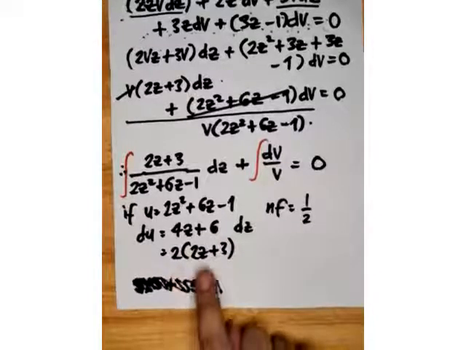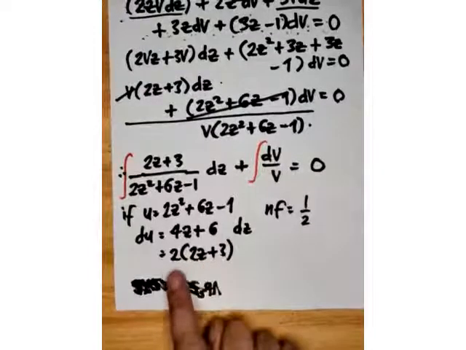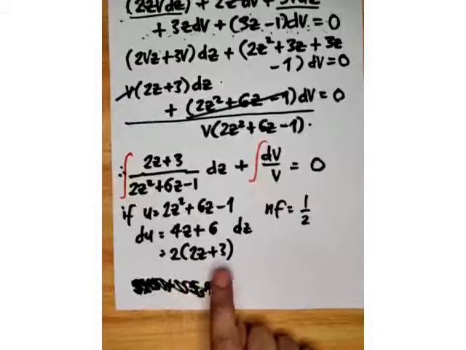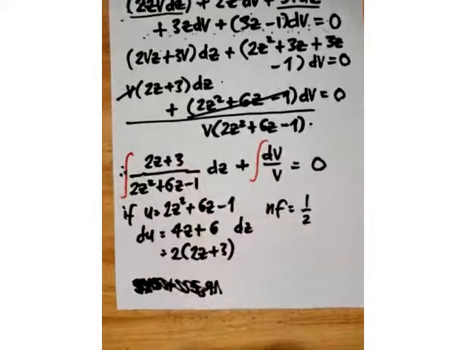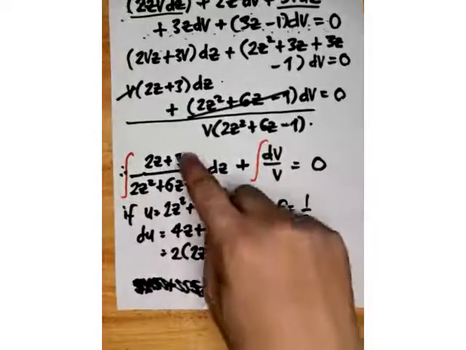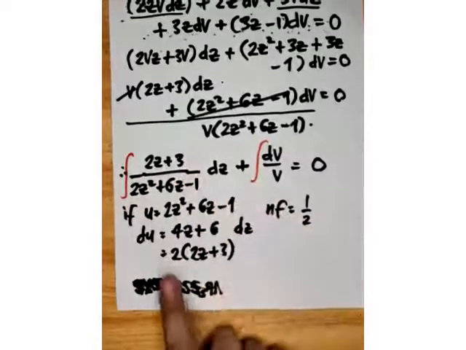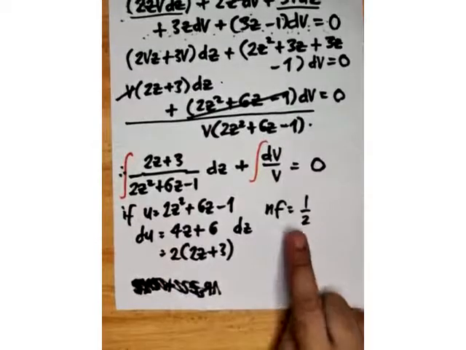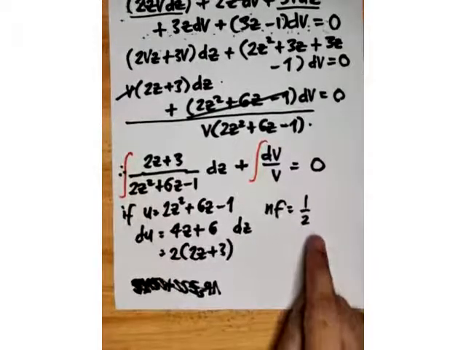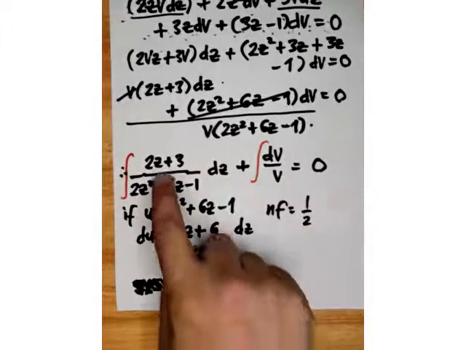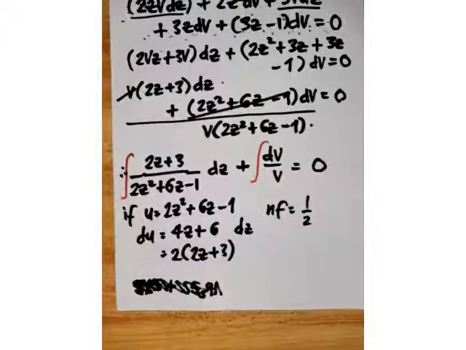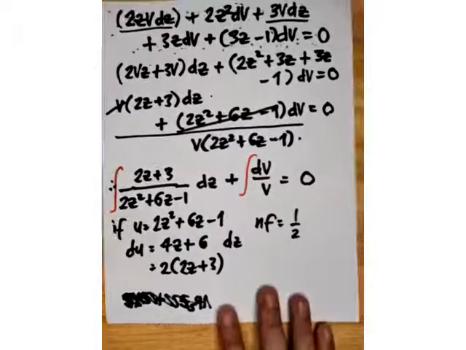Pag finactor out ko yung 2, ang lalabas ay 2 times 2z plus 3, which is part of the numerator. Kaya lang may 2 ako dito, kaya nagkaroon tayo ng neutralizing factor na 1 half. It's like we multiply the whole equation by 2 over 2 para lang lumabas yung 4z plus 6 sa taas. Okay?